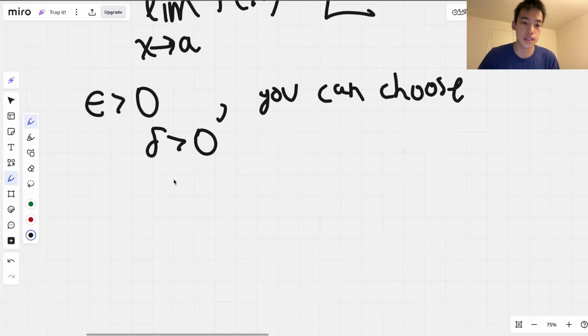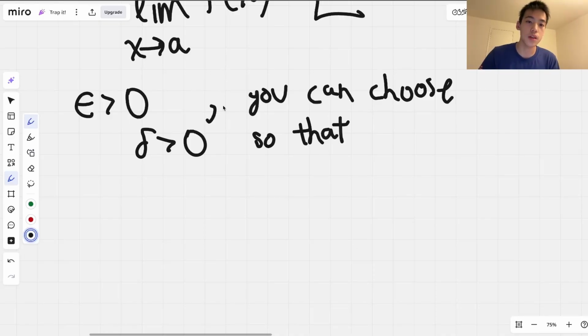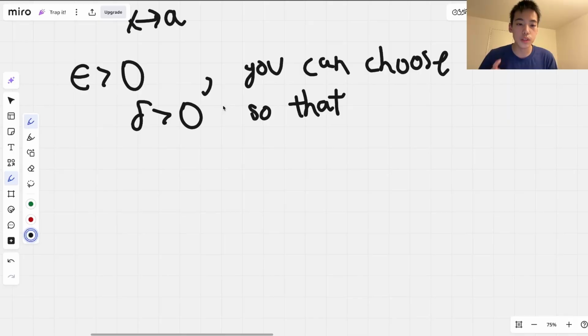Again, this is just another variable. You can choose a delta greater than 0 so that this limit exists only if you can choose delta so that whatever I say next is true. So what is that statement?